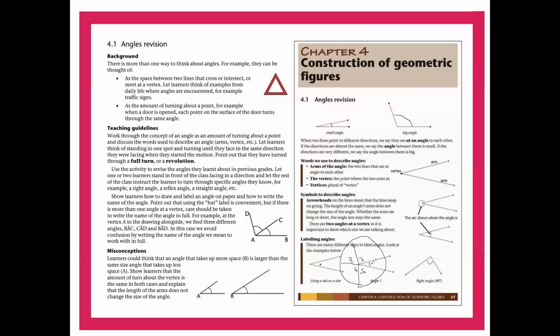So when you speak of it, you can say angle 2, and then you know exactly which angle you are referring to. If something is at 90 degrees to each other, it's labeled by this little box. It's also called a right angle.